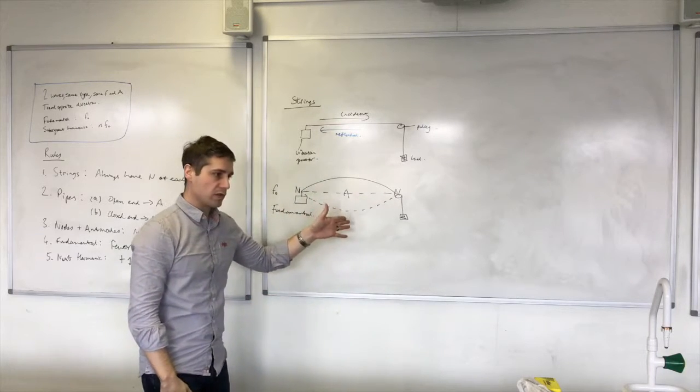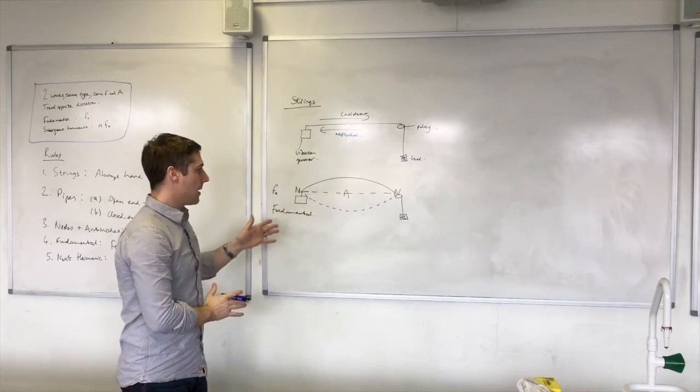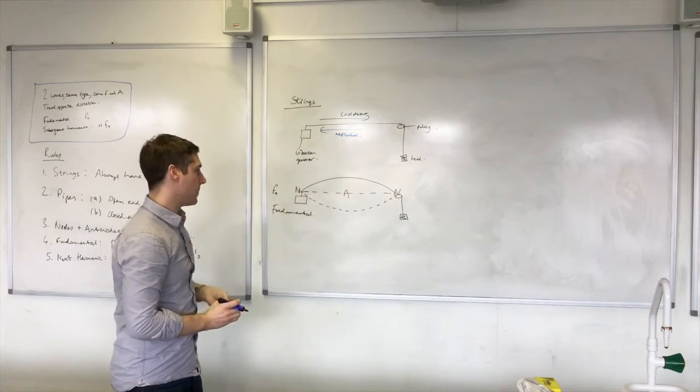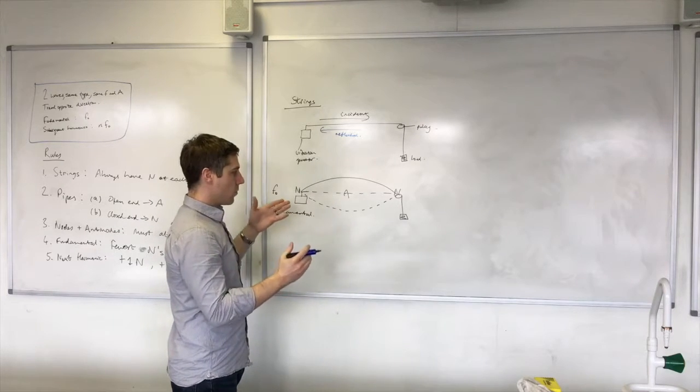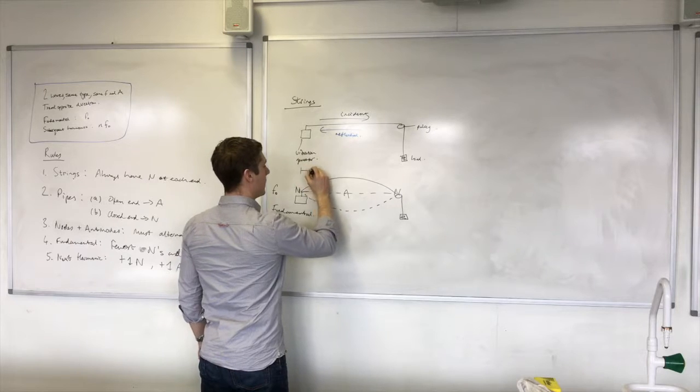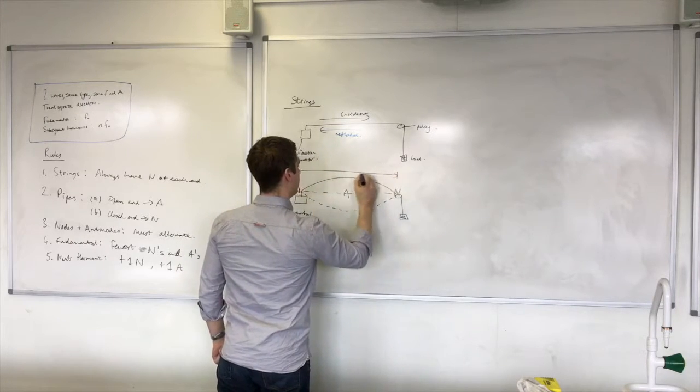Oh, and of course, we can do some analysis here. So we know the frequency at which this is occurring from our signal generator, and we can work out the wavelength by measuring this length here.